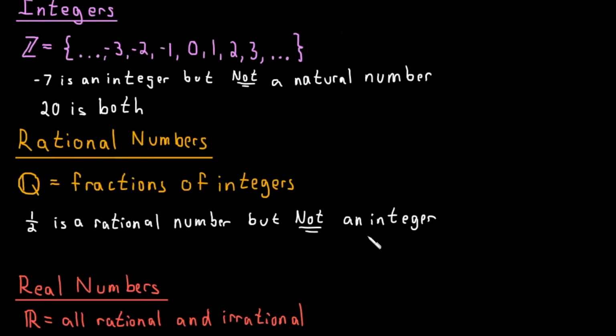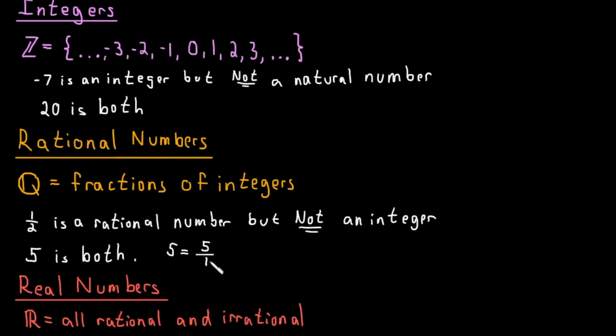Now, can you think of any examples of a number that is both a rational number and an integer? Well, 5 is both. Why? Think about it. 5 is definitely an integer and a natural number for that matter, but it's also a fraction because 5 is the same thing as 5 over 1.